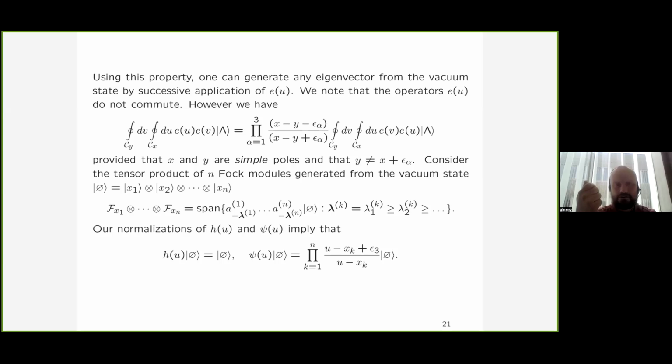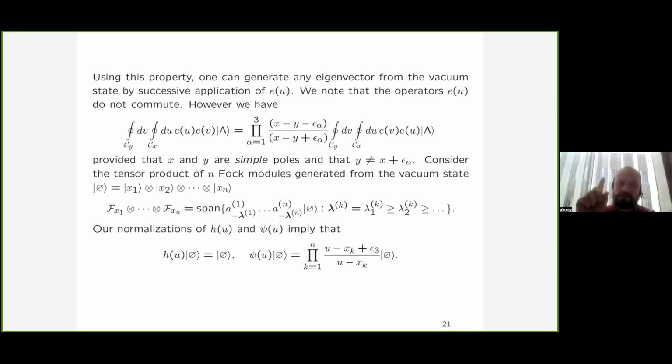But in fact, it does not. I will not explain it in more detail, but you can have an image that in a simple situation your states are labeled by partitions, but not by Young tableaux.